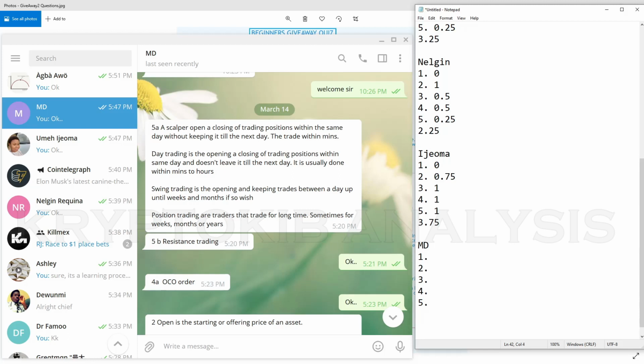Okay, it started with 5A. A scalper opens and closes trading positions within the same day without keeping them to the next day. Day trading is the opening of the trade within minutes. Oh, okay. That's correct. Sorry, I apologize for that.